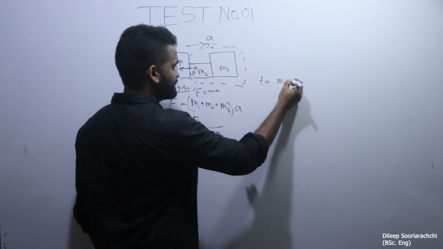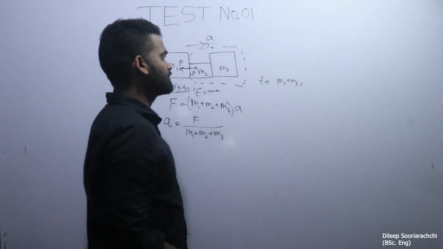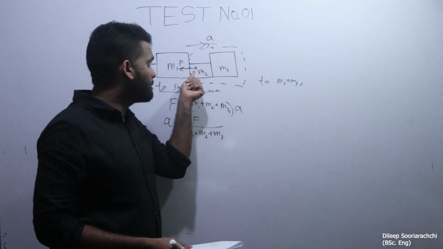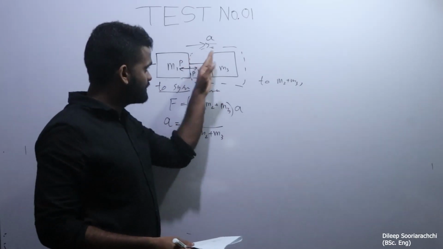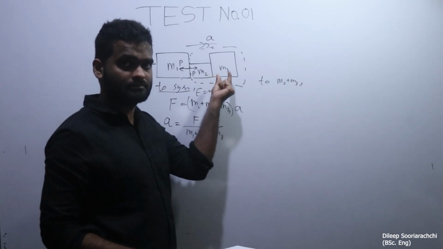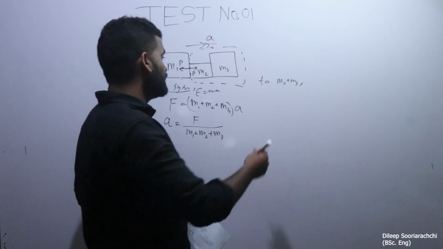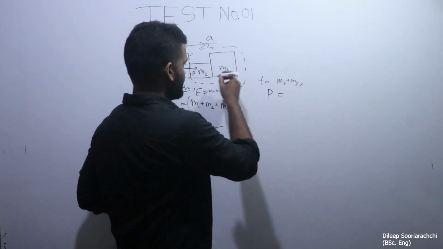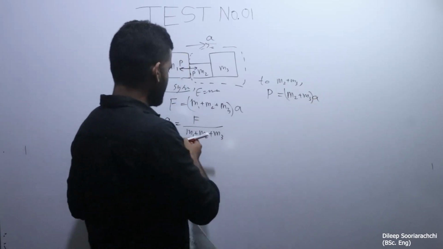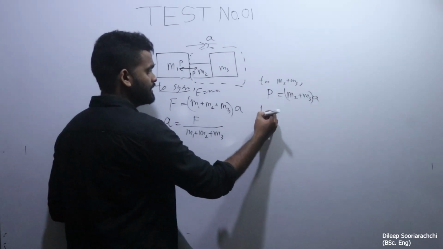I'll say that part is M3 and M2. So on that part, the only external force applied is P. P is the only external force acting on the M2, M3 system. So that is a part of the whole system, right? So the force is P, then the mass is M2 plus M3. The acceleration is the same acceleration. Then just substitute that acceleration here.